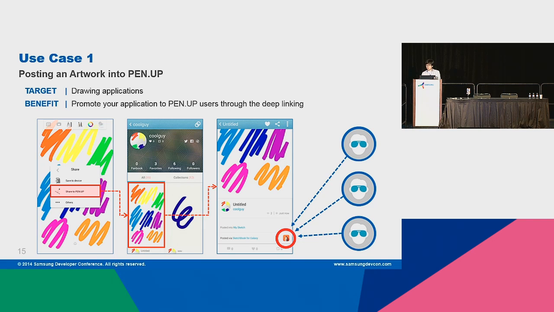If an artwork is posted from your application, then the deep linking function is provided, so other users can see your application name and icon. Through this deep linking function, you can promote your drawing applications to PEN.UP users.